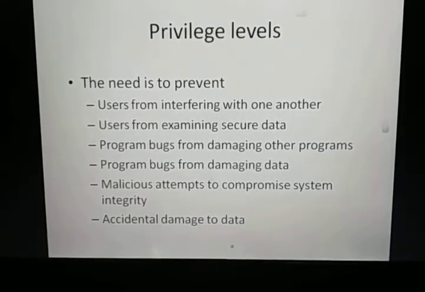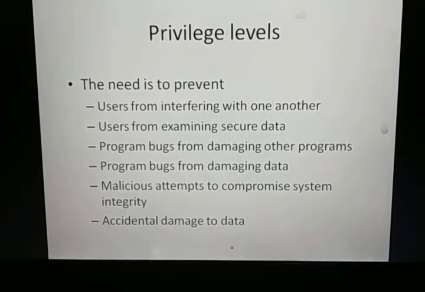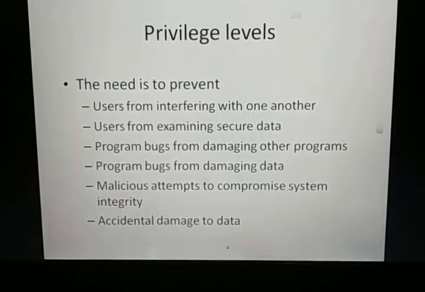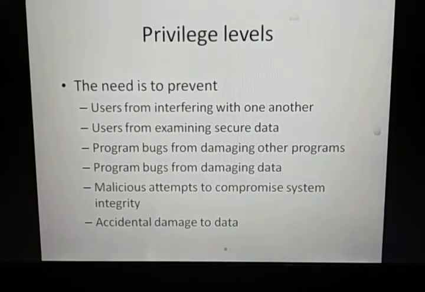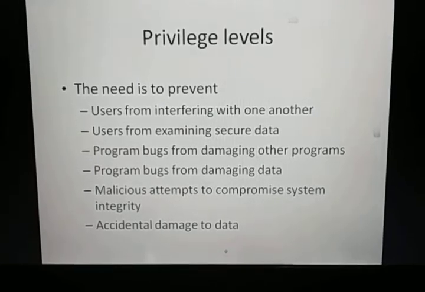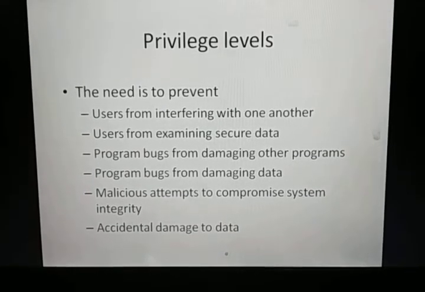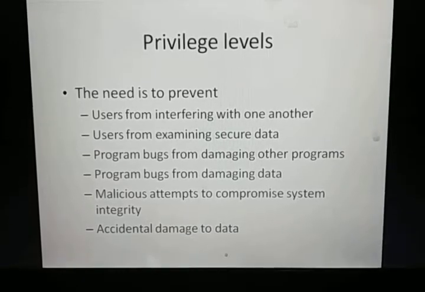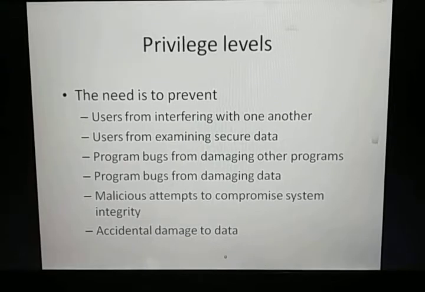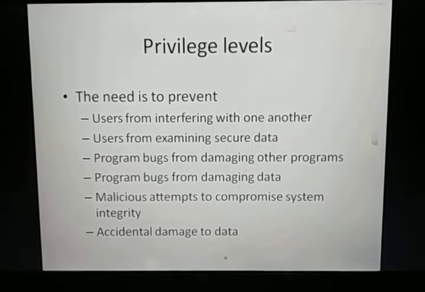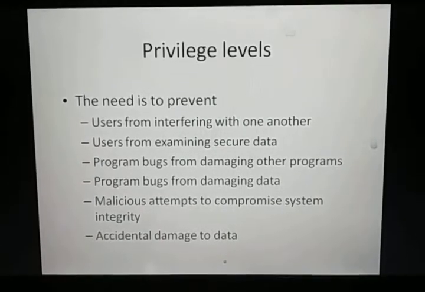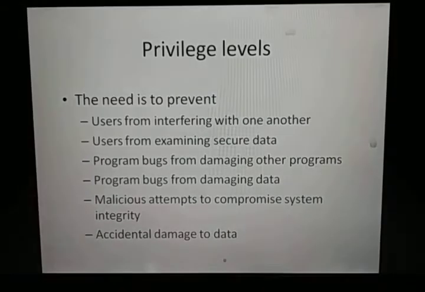For example, if we are surfing a web page or downloading something from the internet, and at the same time doing some task on our system, the downloaded software application may contain a virus that can damage your system data.